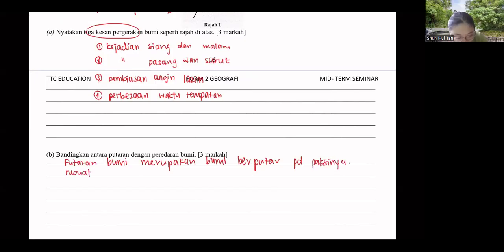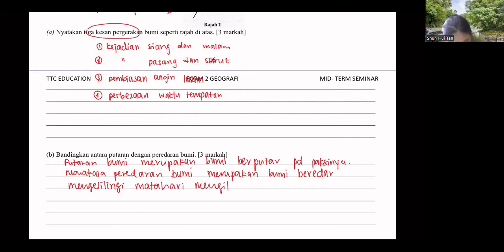Manakala, compare, right? Peredaran bumi. What is beredar? When they move around the sun. Okay, merupakan bumi beredar mengelilingi matahari, mengikut orbitnya.